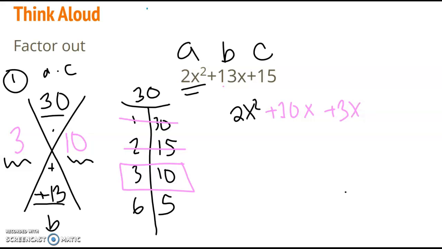As a reminder, I grabbed that 10x and 3x because I did those numbers in our diamond method, and both numbers would add up to give me a positive 13x. Lastly, I want to grab that last number, a positive 15. I'm going to put it right here.